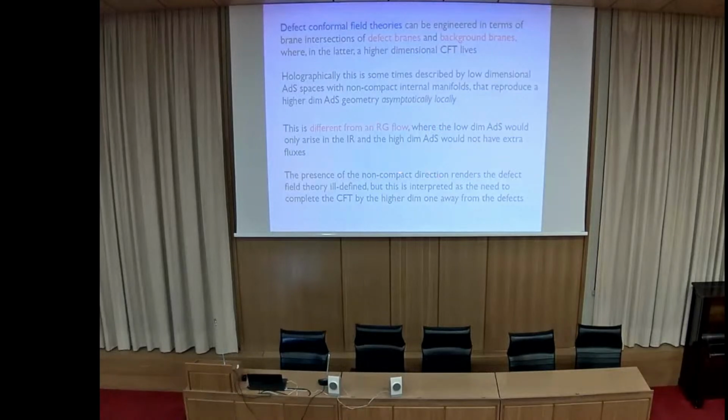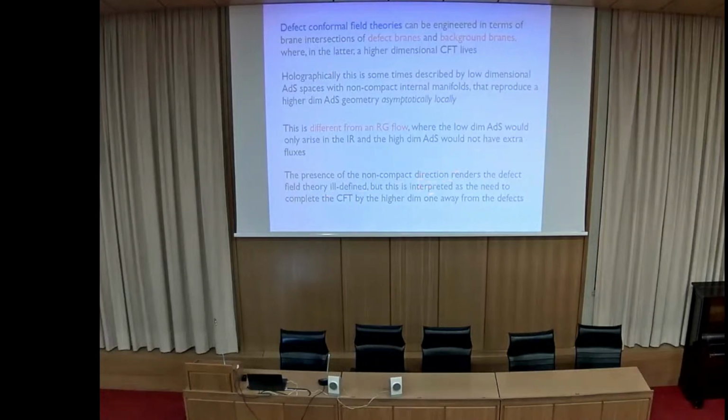So as I said already, when you have your low dimensional AdS space, you don't know yet whether maybe this is a defect CFT. What you see is that there is a non-compact direction that is complicating your life, because when you want to describe what is the field theory associated to this geometry, this non-compact direction, you need to define it in some way in order to define your low dimensional theory.